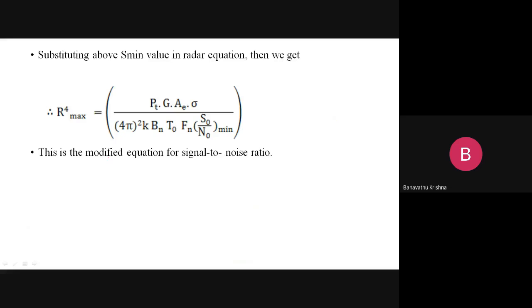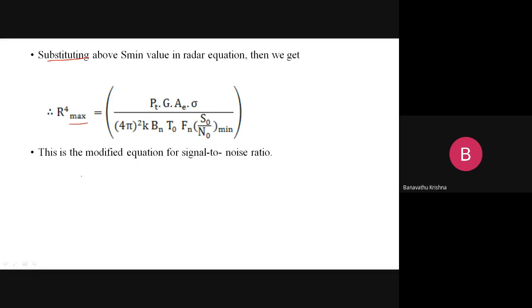Substitute this value of Smin in the radar equation, then we get R to the power 4 maximum equals Pt G Ae sigma divided by (4 pi) squared k Bn T0 Fn (So/No) minimum.